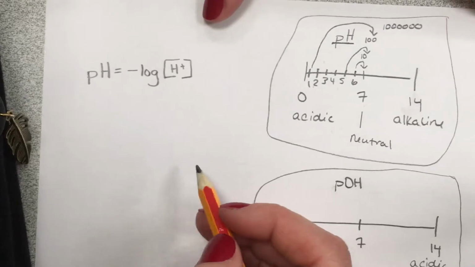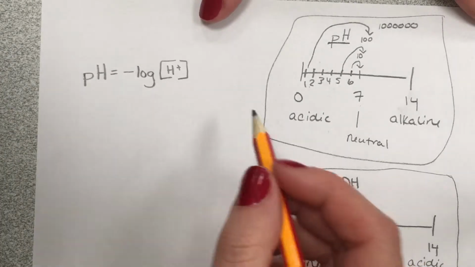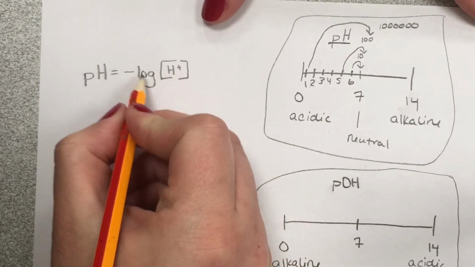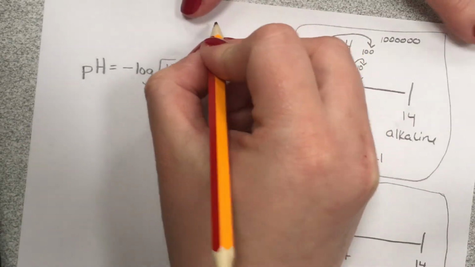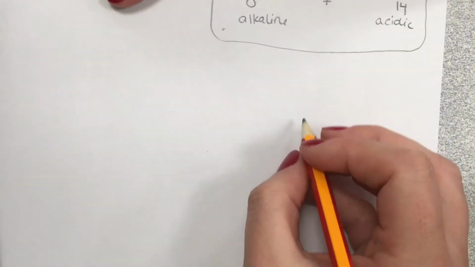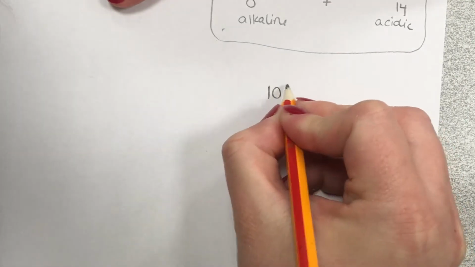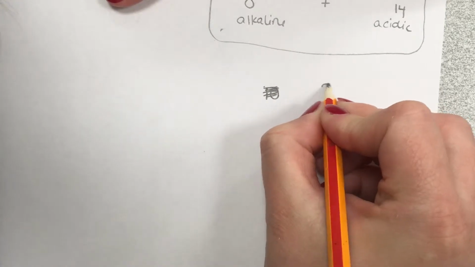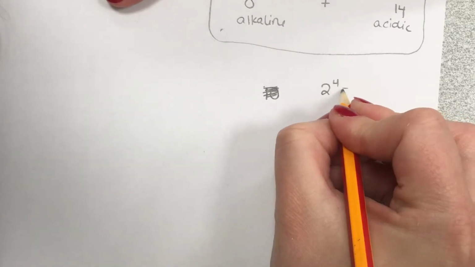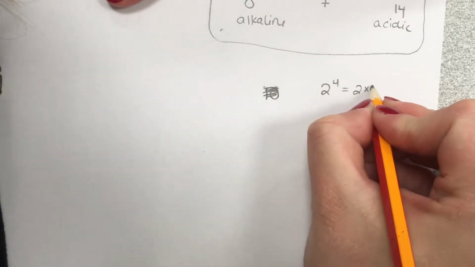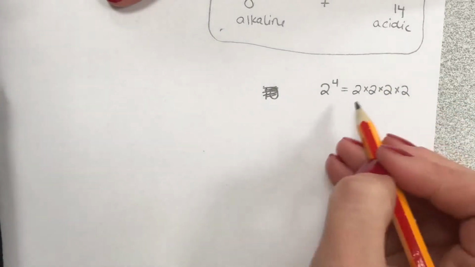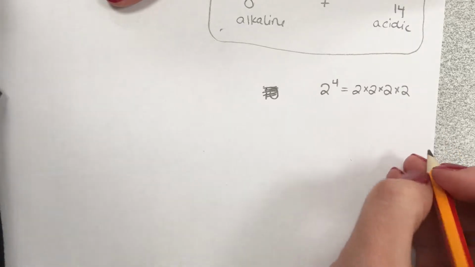If you know anything about logarithms, a logarithm is basically a way to find out a power. Let's say we have 2 to the power of 4. That equals 2 times 2 times 2 times 2.